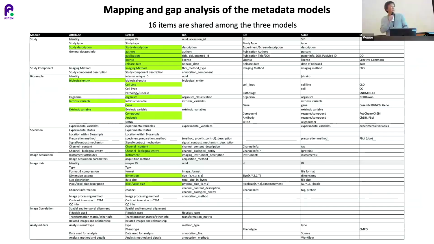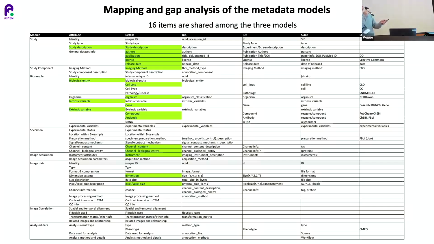Simply, this is the result. It's small, but there are many items. We have eight modules in the model, and the details are called attributes, which give more detailed descriptions. The light green shows the items where all three repositories have some input.